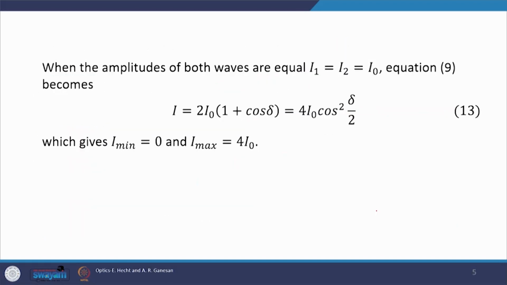Okay. Now, consider a special case when the amplitudes of both the waves are equal, that is irradiance I 1 is equal to irradiance I 2, and suppose they are equal to I naught.